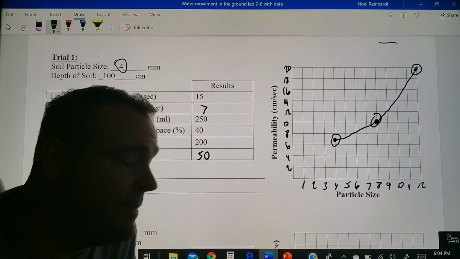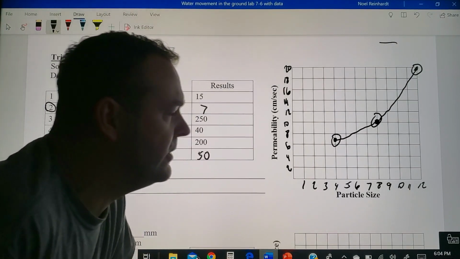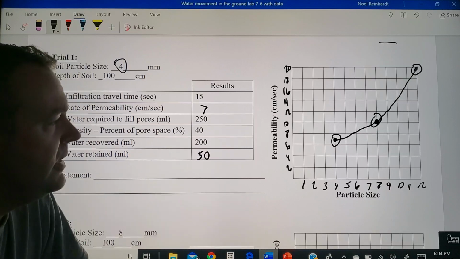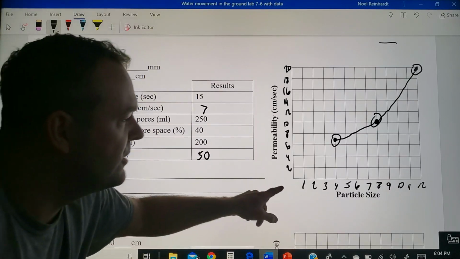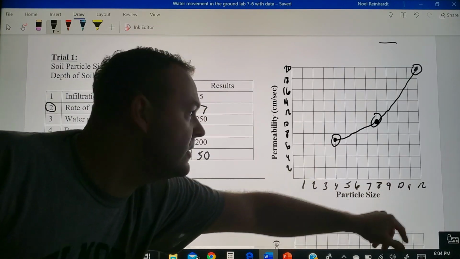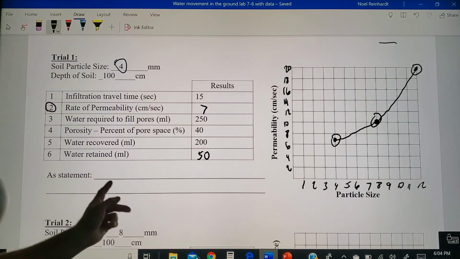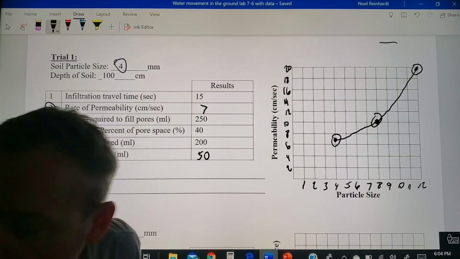Now for an as statement, remember we always start with the x-axis. So you would say as particle size does this, permeability does that. Well, as particle size increases, permeability also increases. So that's what your as statement's got to be there, right?